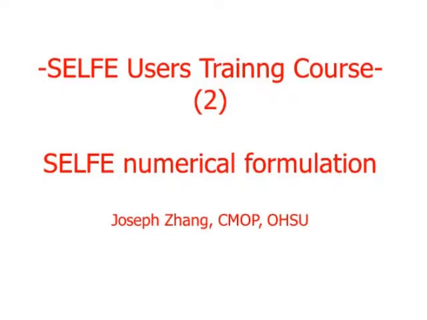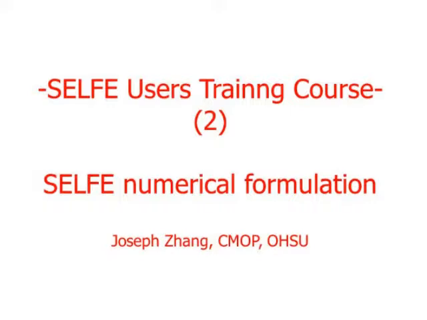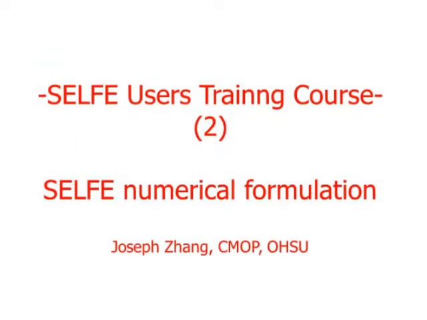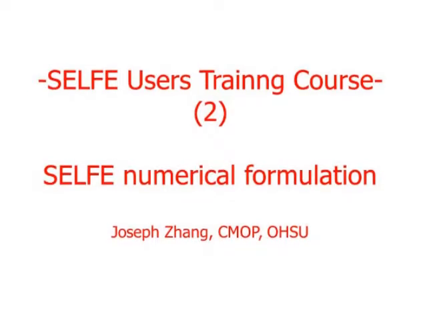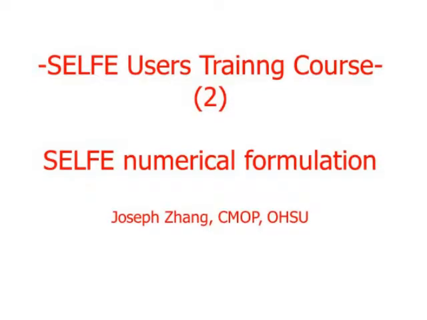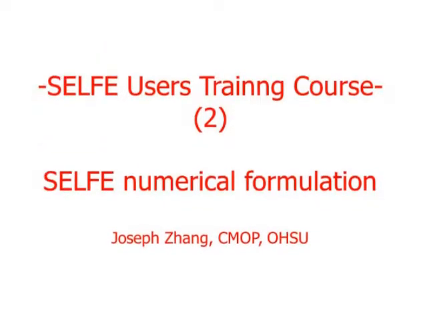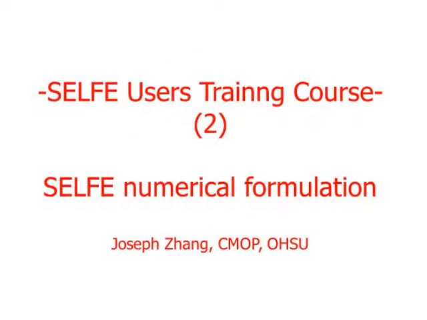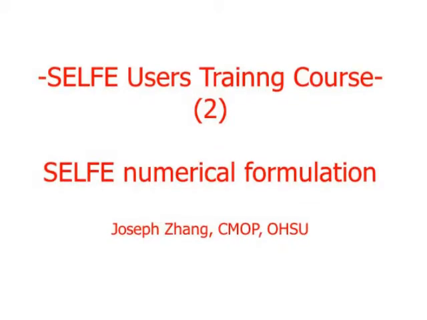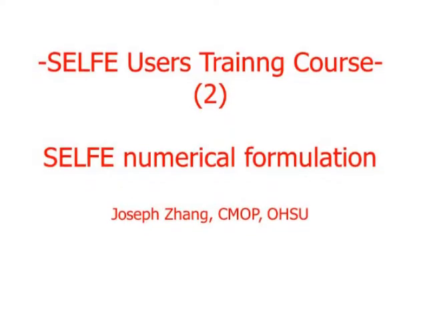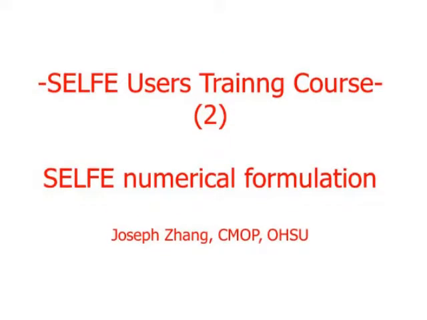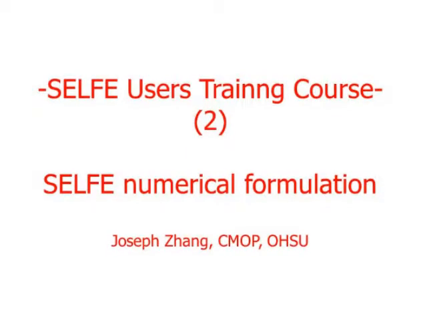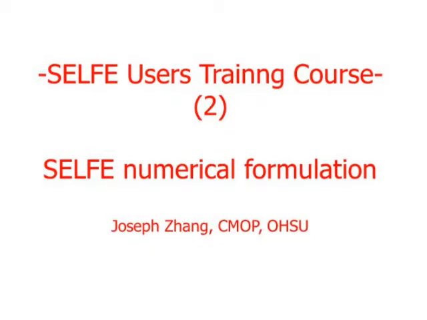Joseph, I have a quick question. This backtracking, you are doing three-dimensional backtracking, correct? Yes, not just longitude and latitude. Yeah, 3D. So in the vertical, because you are using sigma or SZ coordinates, do you feel that if you're backtracking in the vertical also, there will be a problem?